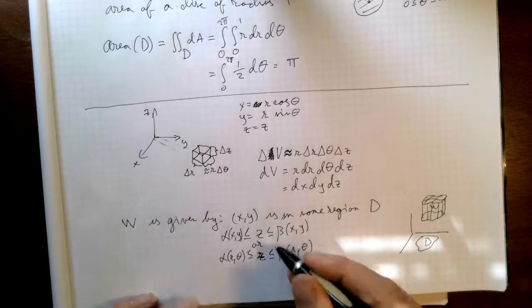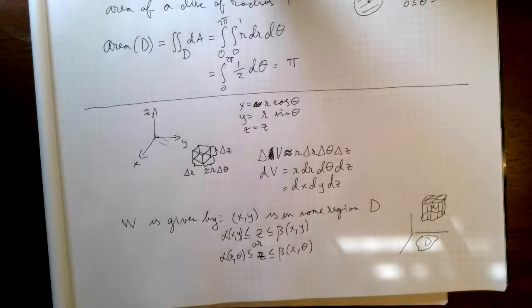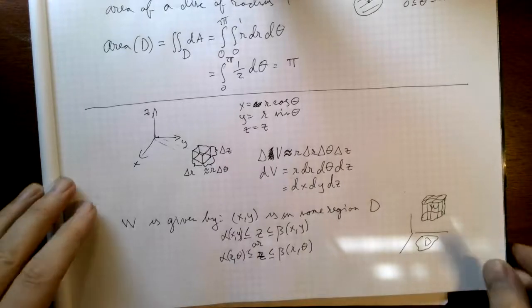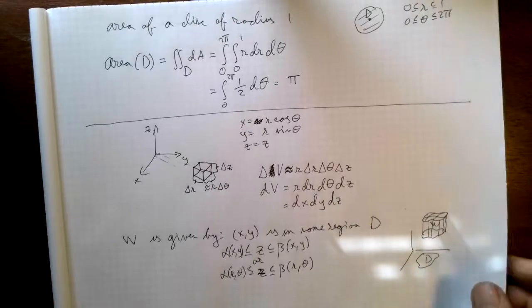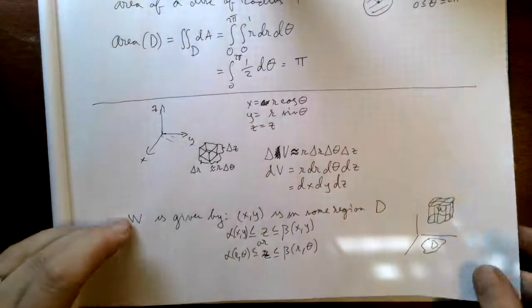So they're either functions of x and y or r and theta, depending on how you set this up. So unfortunately, I don't have room to write the integral on that page, so I'll do it on the next page.